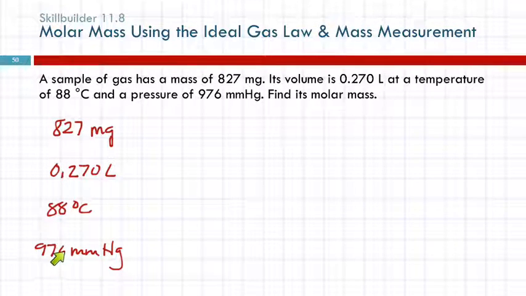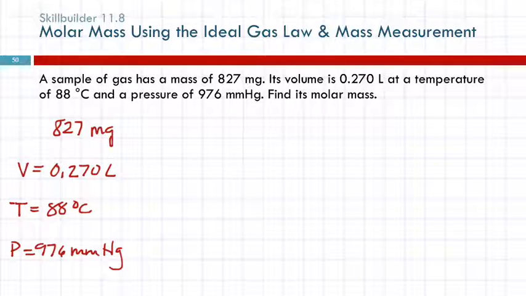Well, millimeters of mercury, that's the pressure, so I'll call that P. 88 degrees Celsius is the temperature, call that T. 0.270 liters is a volume, let's call it V. 827 milligrams.